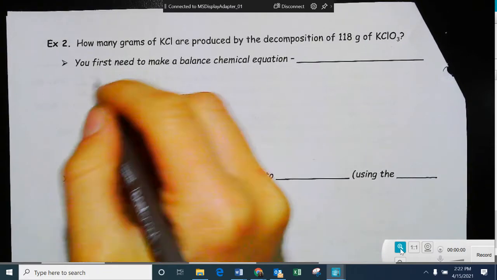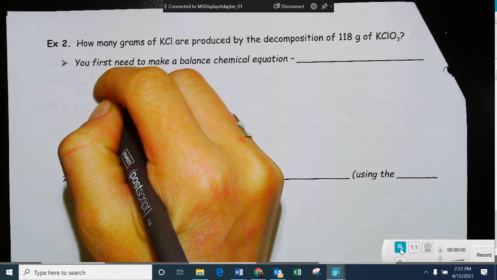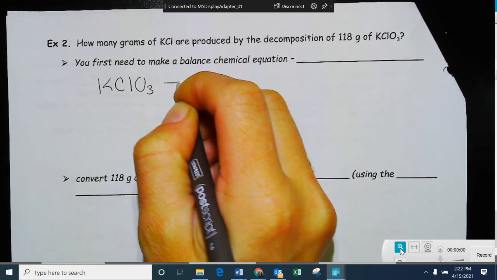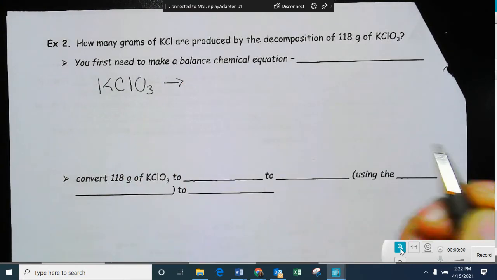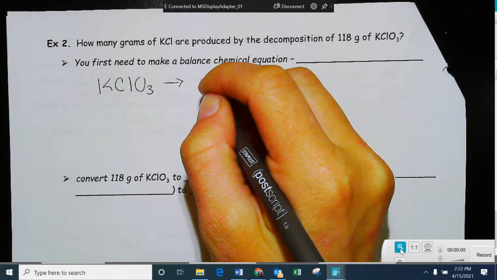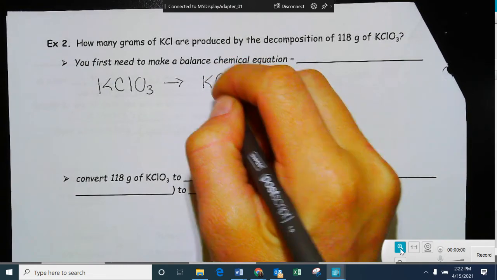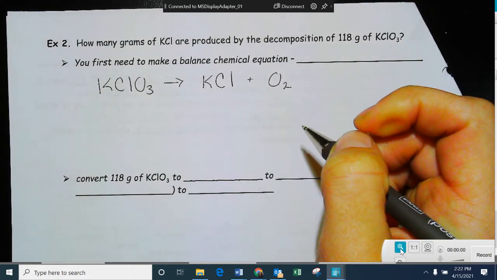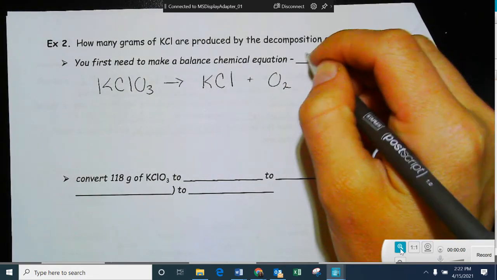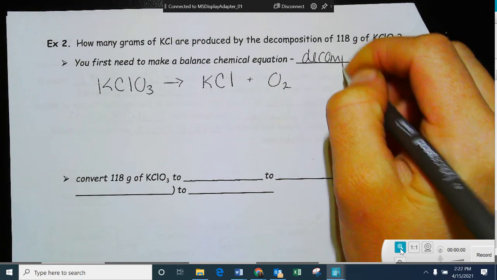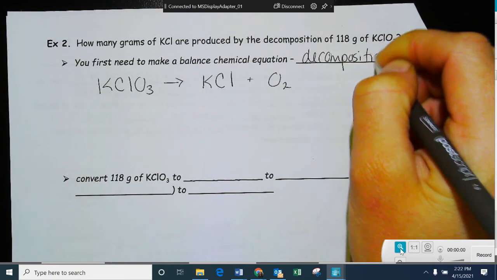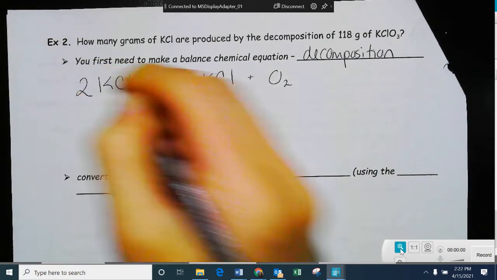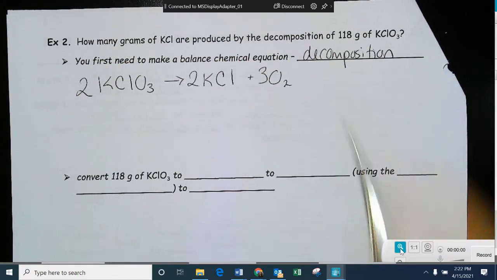So we know that this is a decomposition reaction of KClO3, and that is going to go to KCl and O2. So this is decomposition. Okay, and when we balance that, we should get 2, 2, 3.